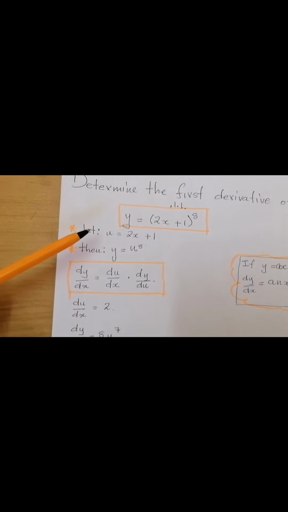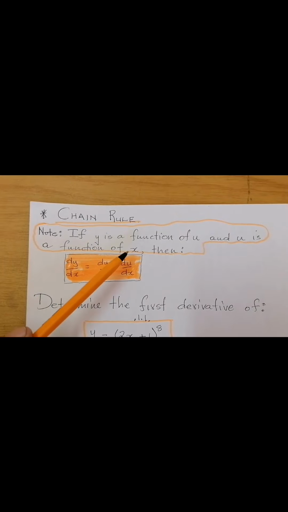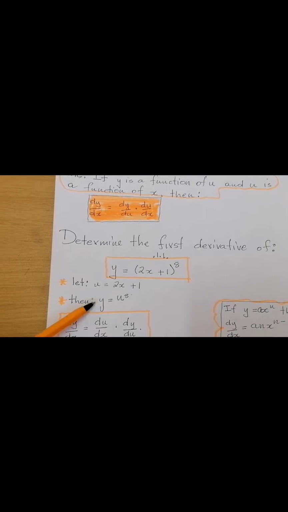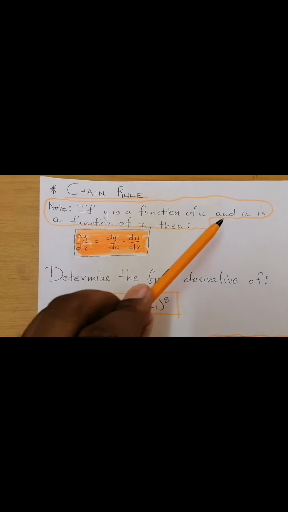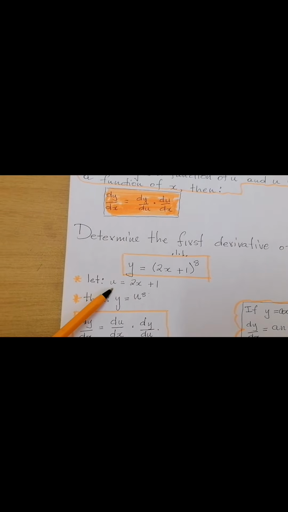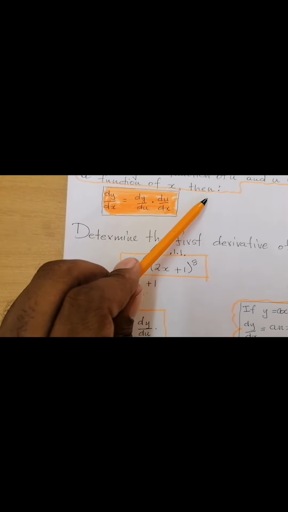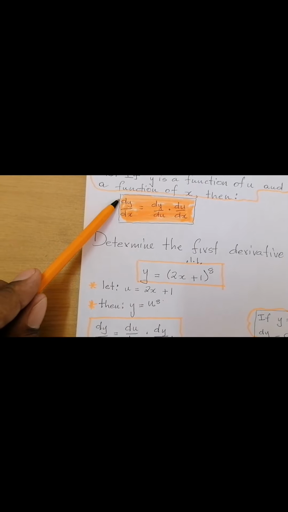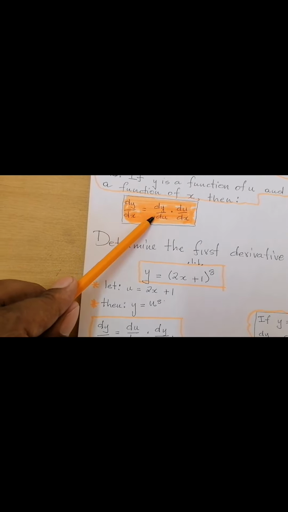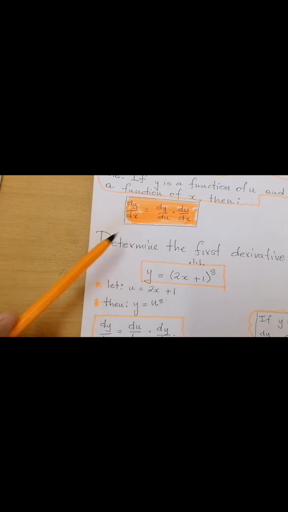Now we have differentiated these two. The chain rule states that if y is a function of u, and u is a function of x, then the derivative of y with respect to x is the derivative of y with respect to u multiplied by the derivative of u with respect to x.